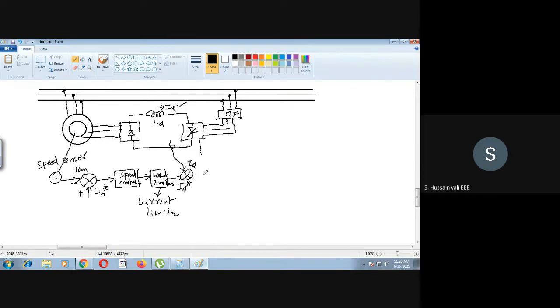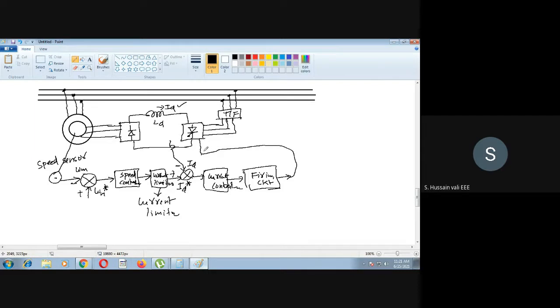This is plus, whereas this is minus. Once again you may have some error, and that error goes to the current controller. Then based upon the command from the controller, you have this firing circuit for the thyristor. That's it. This is the closed loop control of the static Scherbius drive.